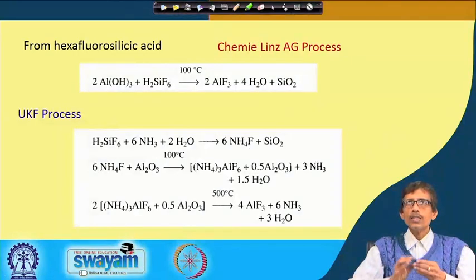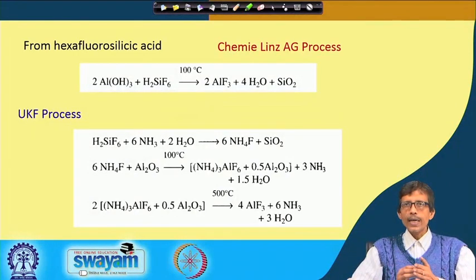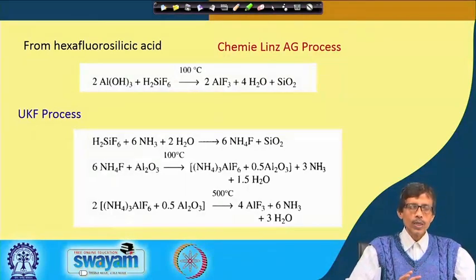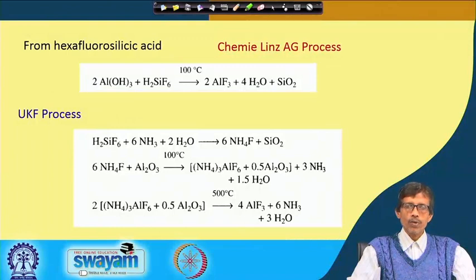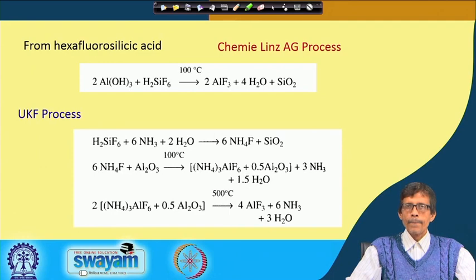So, this is basically an indirect process, and it is being utilized for the formation of ammonium fluoride. Earlier we were using the direct sodium fluoride, HF, or hexafluorosilicic acid. Now you utilize ammonium fluoride, though we are again getting it from hexafluorosilicic acid, but different processes can have different advantages.